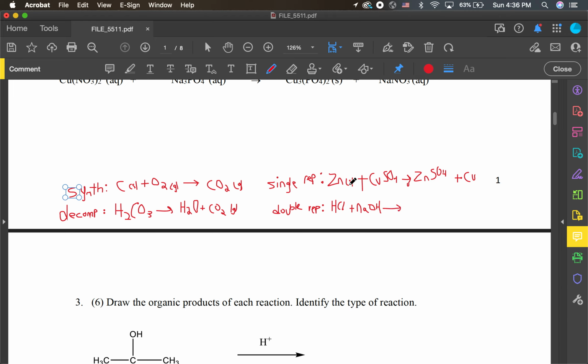Think about it this way: on the last one we only had a single element, and on this one we have a compound and a compound. The H is going to combine with the OH. I know this is written differently than H2O, but we have 2 hydrogen and 1 oxygen, so this is the same as saying H2O. I just wanted to draw it out so you could see it clearly. And then the chlorine here will go here, and you'll have table salt, sodium chloride.